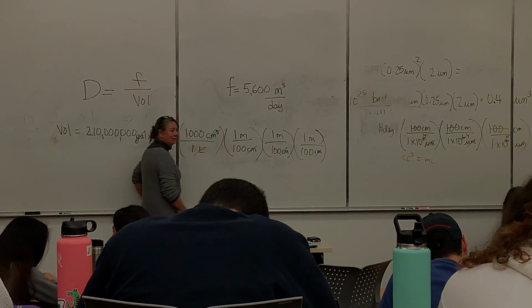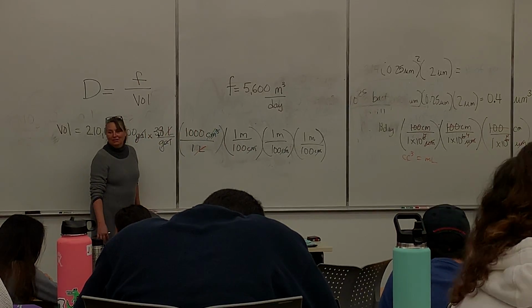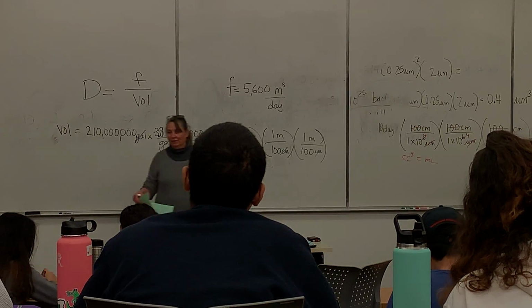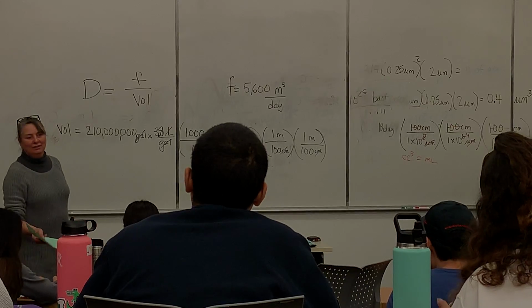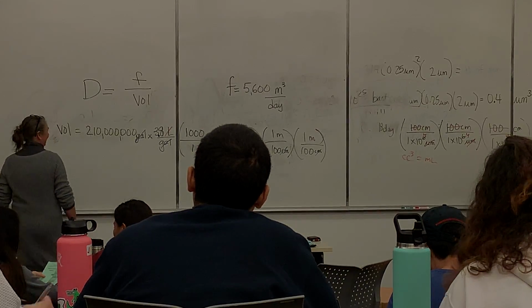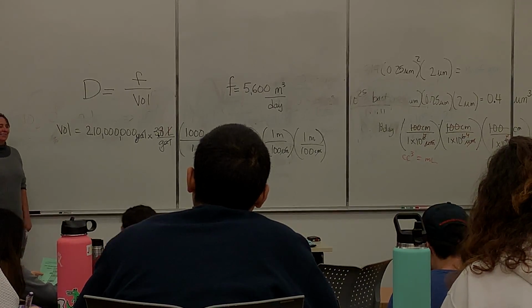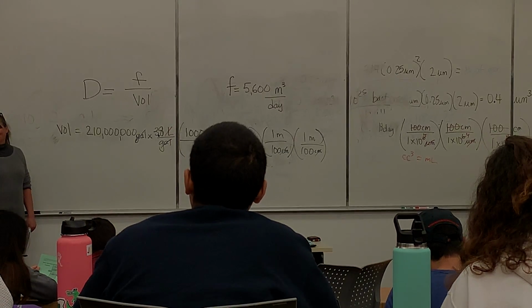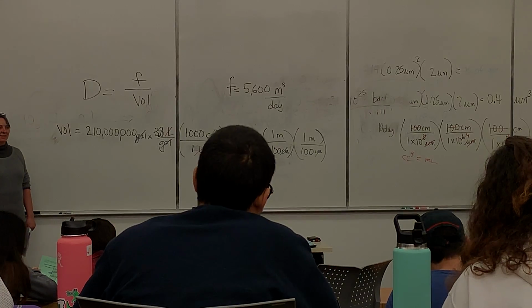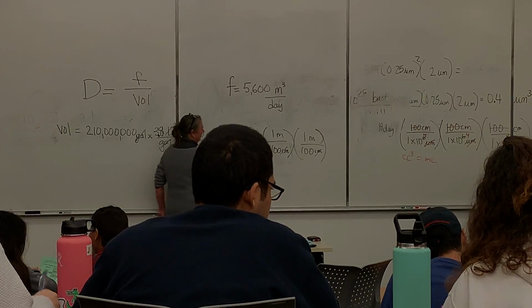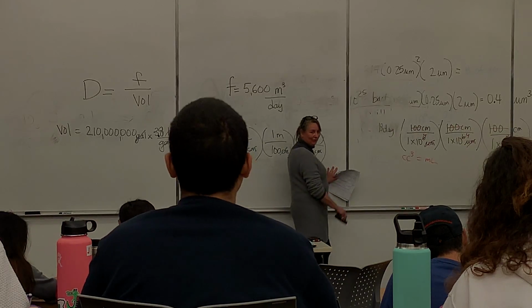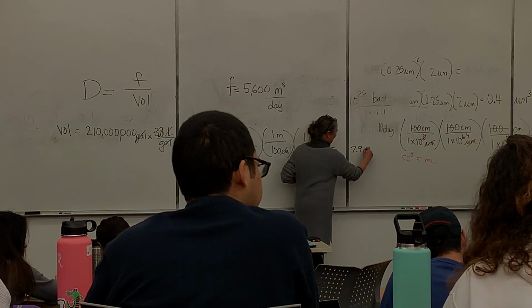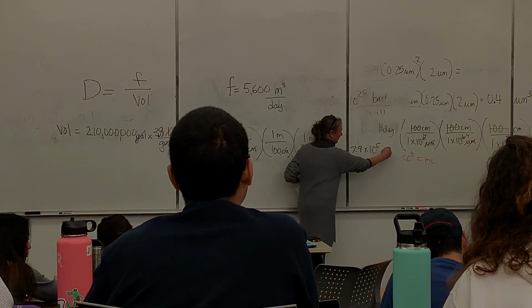Does anybody have a number? How many? What do you got? 7.9 times 10 to the 5th meters cubed?